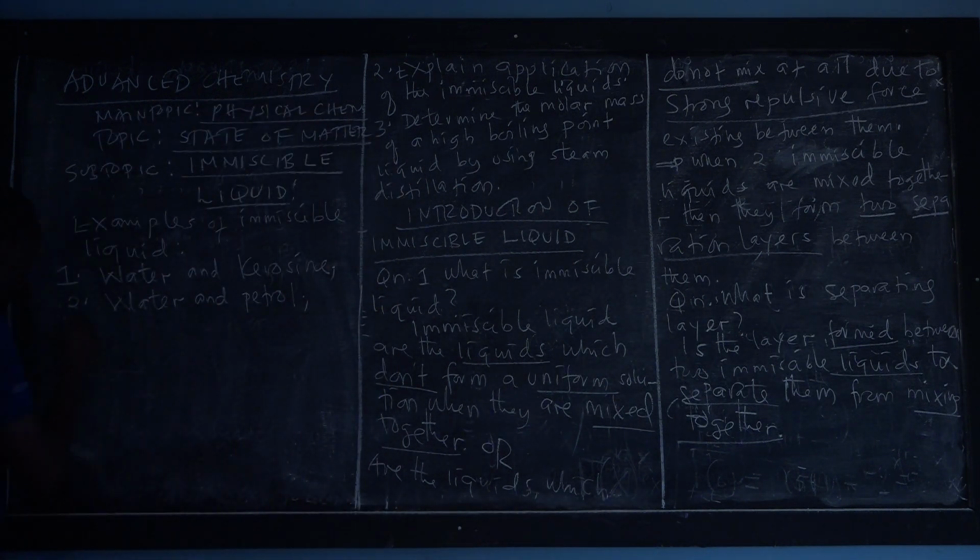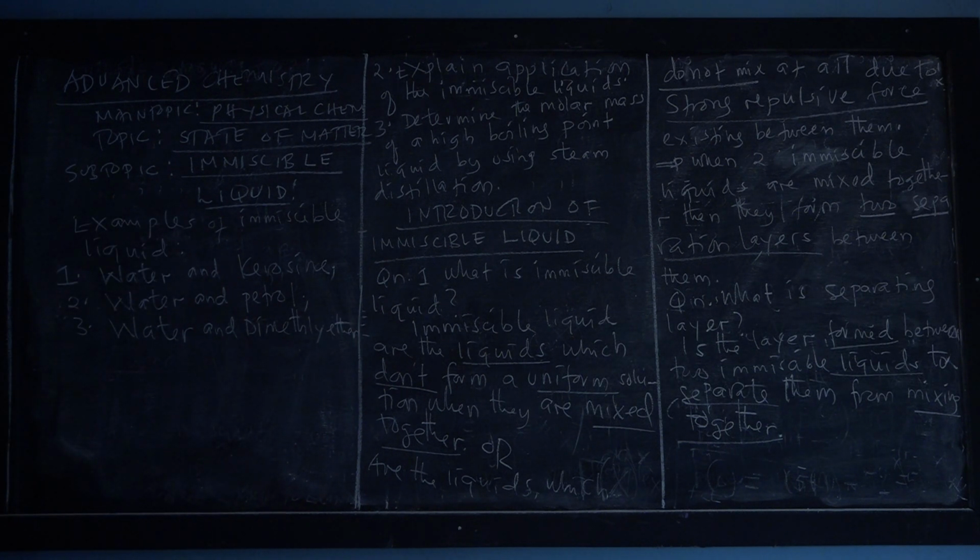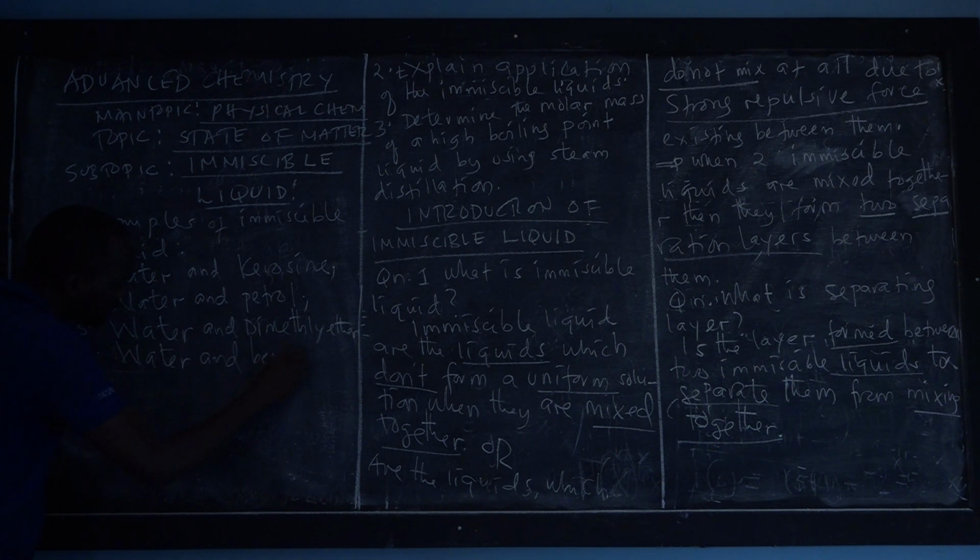Again, the third example, I guess we have water. Now we can go a little bit into chemistry: dimethyl ether. So an immiscible liquid is formed by water and dimethyl ether. And then in the chemistry lab, you can find immiscible liquids between water and benzene. Water and what? Benzene.